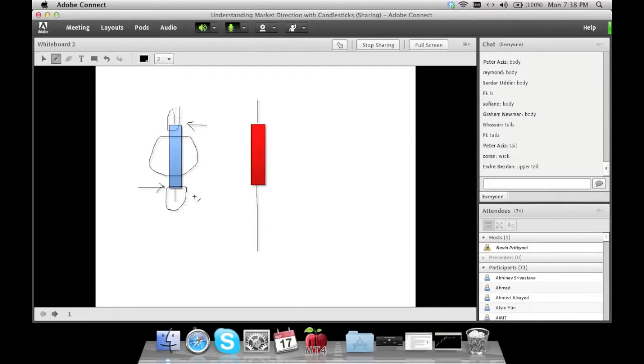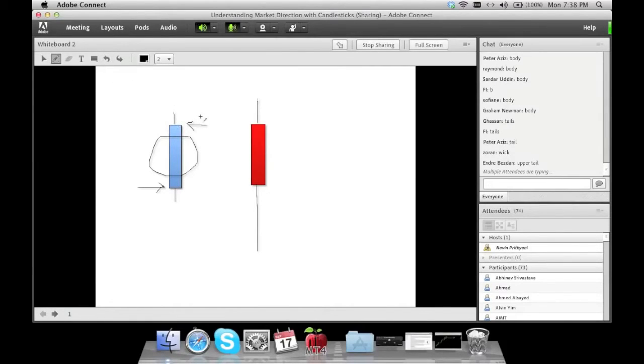W-I-C-K-S. Now, what these wicks basically mean is simply this: that is the highest point the market has gone to, and this one represents the lowest the market has gone to.